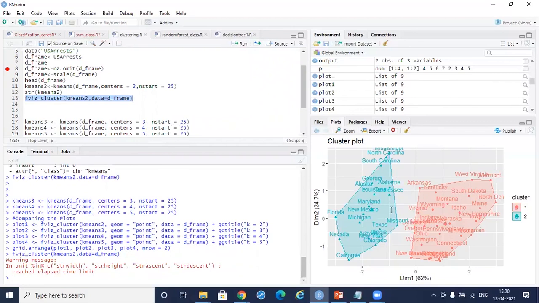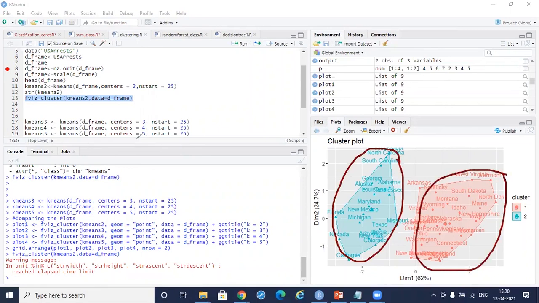We can see here in this plotting, it is making the two clusters. One can see the two clusters, cluster 1 and cluster 2, being created with centers equal to 2 inside the k-means algorithm. So here it is making the two clusters based on the data.